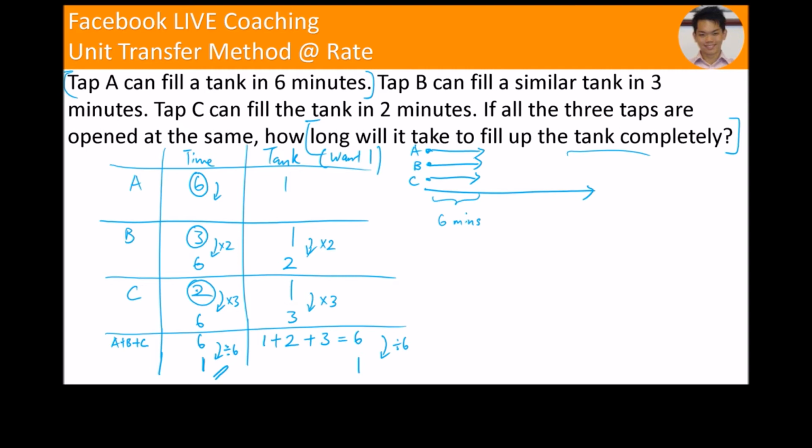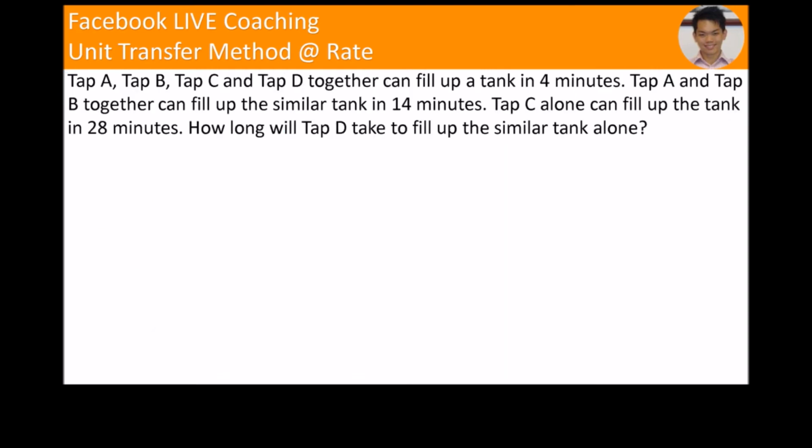Alright, to deal with rate problems. Okay, so I'll move on to number 3. Okay, there are 4 taps in this problem, but don't worry. Tap A, tap B, tap C, tap D together can fill up a tank in 4 minutes. So let's list out what we have. A plus B plus C plus D, the time it takes in minutes, and the tank.